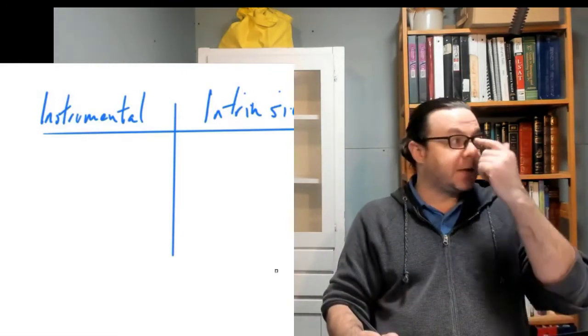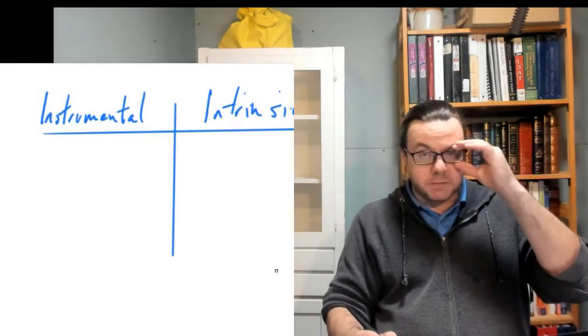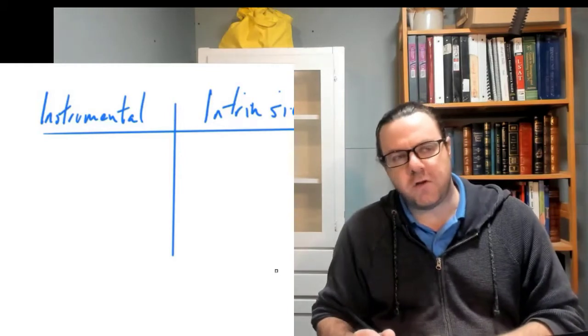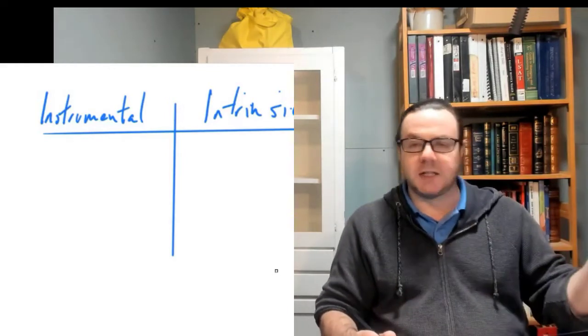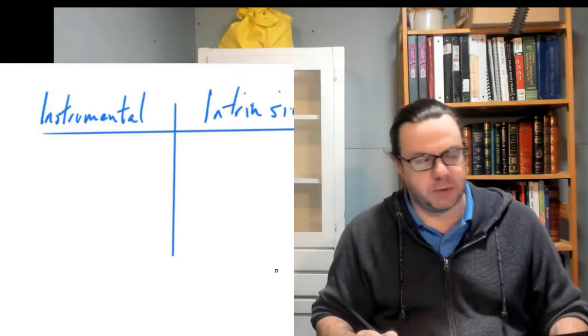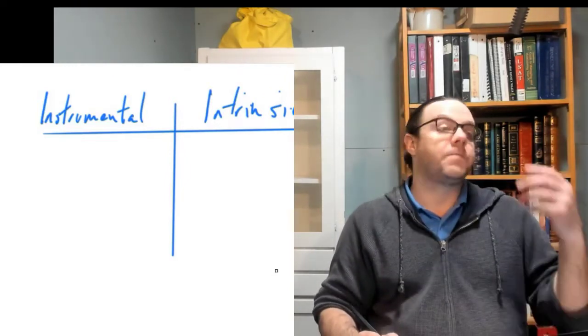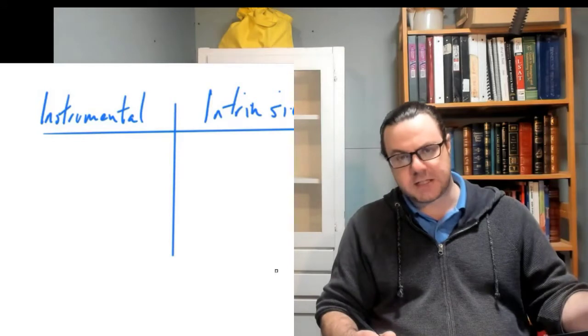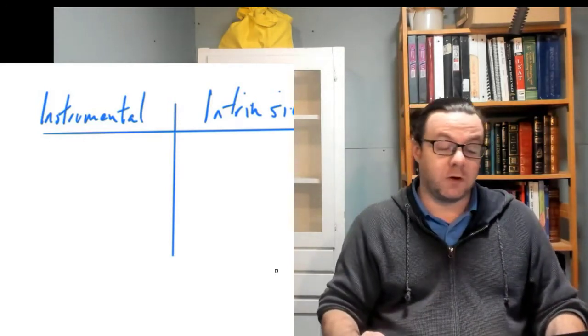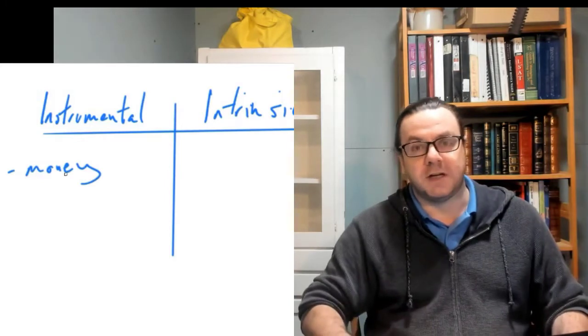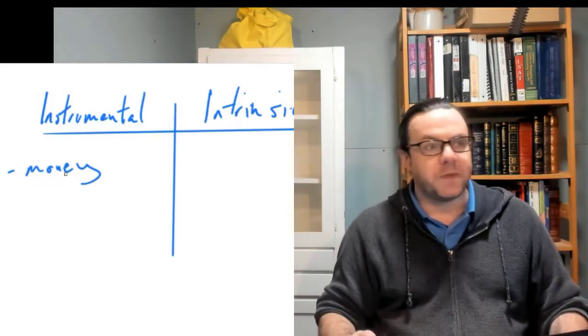So the perfect example of an instrumental good is money, right? Money is useful not for what it is itself, it's just meaningless pieces of paper. But what it's useful for is you can use it to buy things, right? We have defined it into existence as an instrumental good. There are other things that are just naturally instrumental goods.